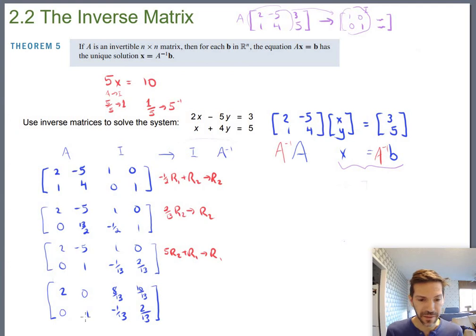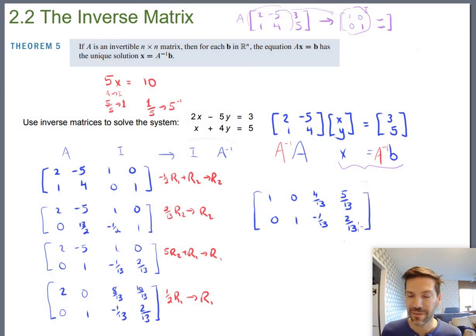And then the last thing I need to do is put a 1 where the 2 is. So that would just be multiply the first row by 1/2. So first row times 1/2: 1, 0, half of 8/13 is 4/13, and half of 10/13 is 5/13. And 0, 1, negative 1/13, 2/13.